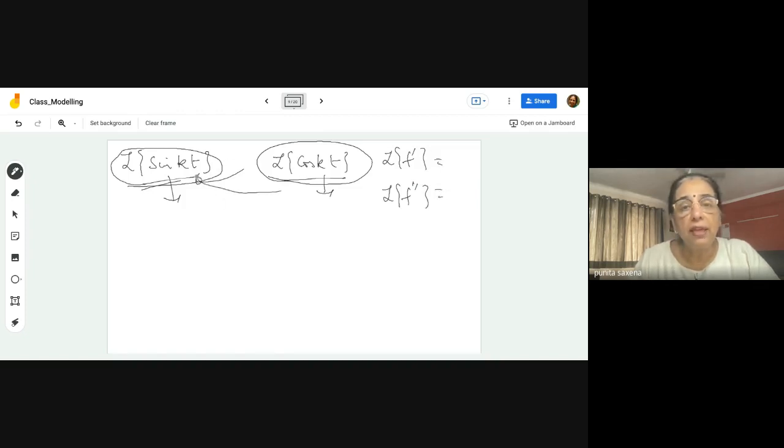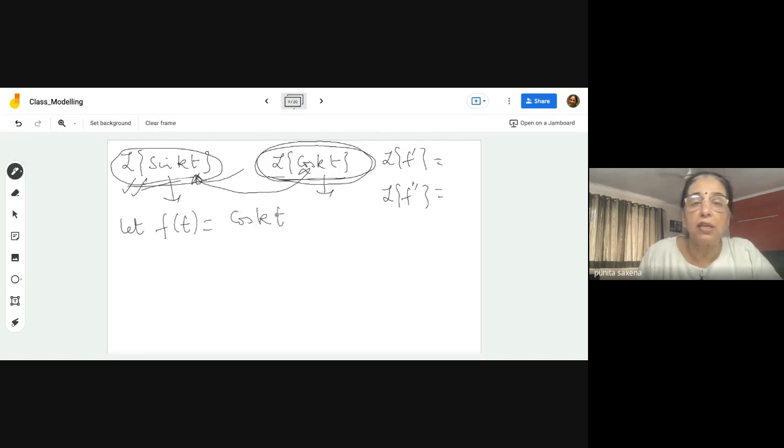And we know that there is a relationship between the derivatives of sine and cos. Similarly, there is a relationship between the derivatives of sine hyperbolic and cos hyperbolic. So these functions typically can be derived from each other. So we can use the formula for Laplace transform of cos kt to derive the formula for Laplace transform of sine kt also. So in this case, we'll assume our ft to be cos kt.